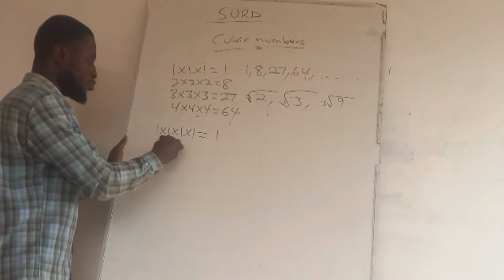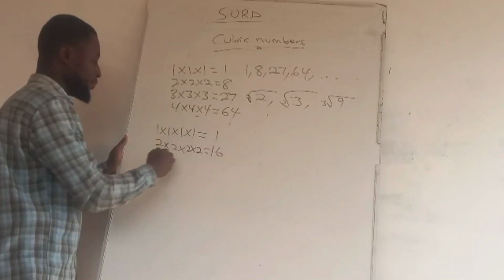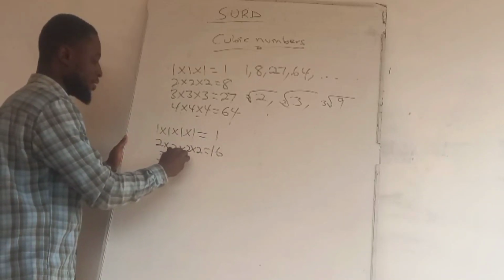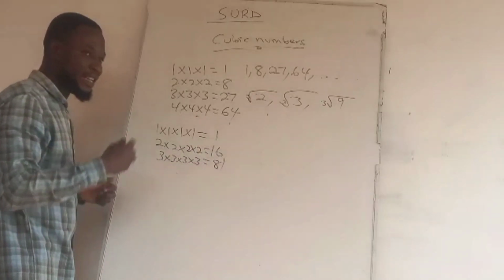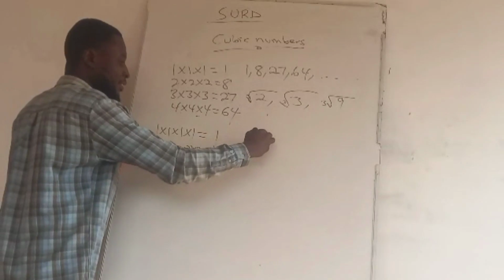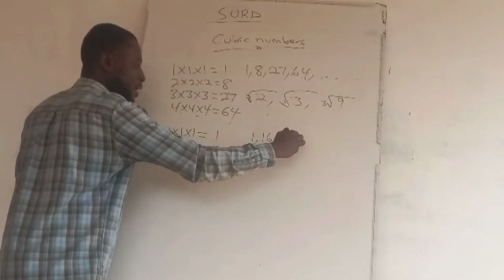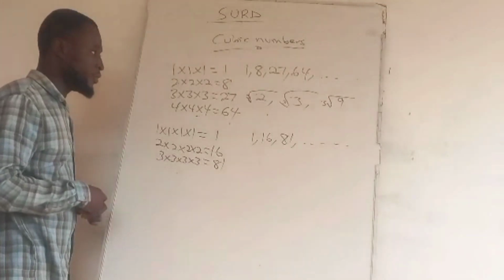So 2 times 2 times 2 times 2 is also 16. 3 times 3 times 3 times 3, you get 81, in that order. So when you list those numbers, you have 1, 16, 81, and so on and so forth.